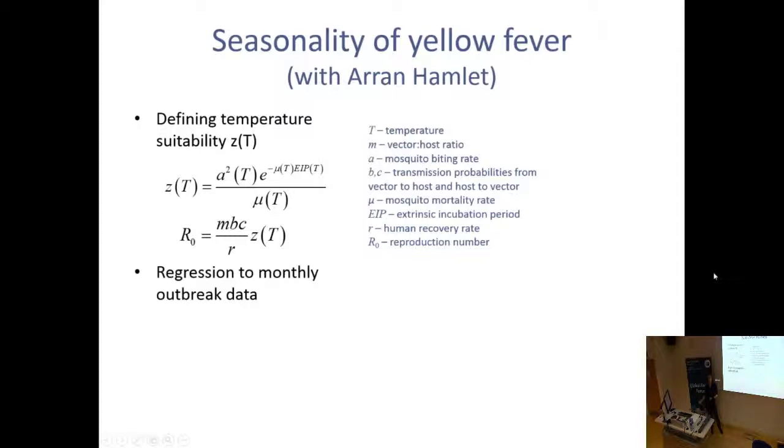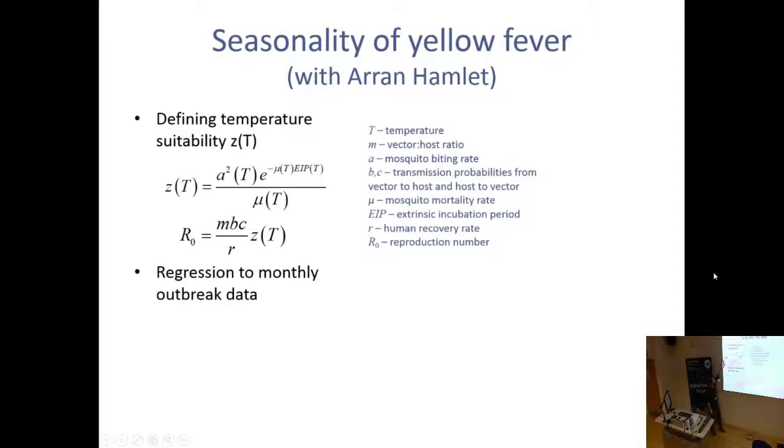The more frequent a mosquito bites, the more chances are there of infection, of either the mosquito becoming infected or then passing on the infection once the mosquito is through its incubation period. We've got here the death rate of the mosquito and the extrinsic incubation period, so that's the incubation period in the mosquito. So the longer that is, the less likely is transmission, for instance.